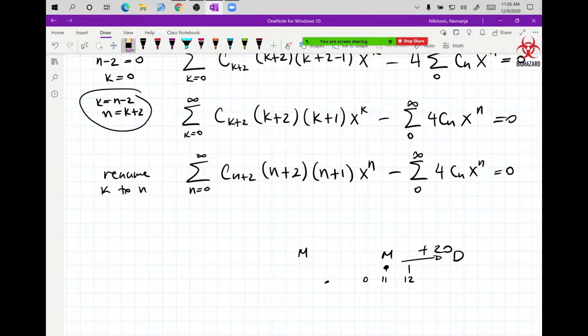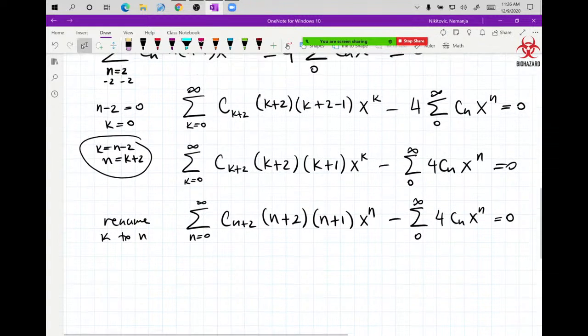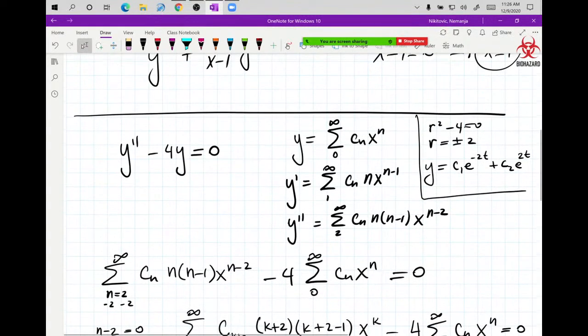So for shifting the counter, the thing is that these two, the y and y double prime, are offset by 2 units. So I can go in and make this substitution and renaming, because all I am doing is moving along the same axis 2 units to the left or 2 units to the right.